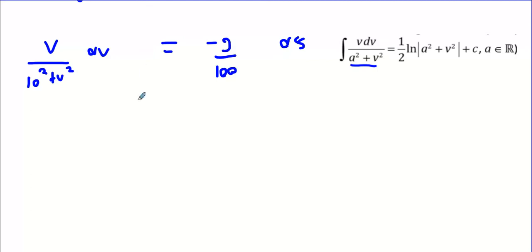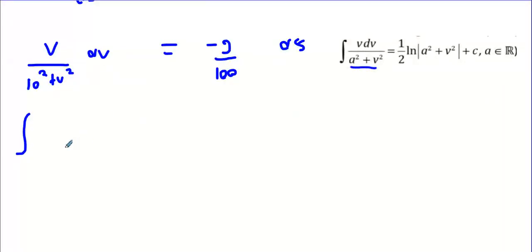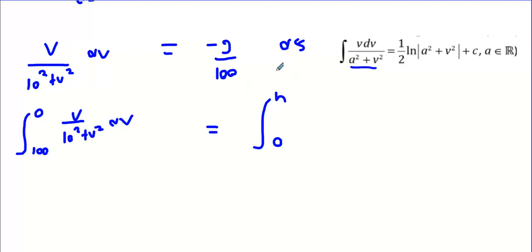So what we're going to do here is integrate from, phi is equal to 0 at the end and phi is equal to 100 at the start. And this is equal to a distance of, at the beginning the velocity is 100, the distance is 0, and at the end the height is h at phi equals 0. It's phi over 10 squared plus phi squared dv, and this one is minus g over 100 ds.